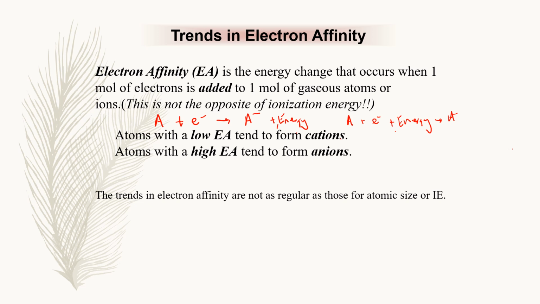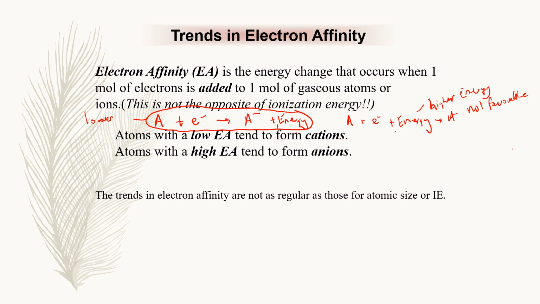So having the energy being released, as we have in that first equation, would mean that I would have a lower energy position for the anion than I would for the one where I have the endothermic process where the energy is added in when the electron is taken in. So for this one, you would have a higher energy overall, which is not favorable.